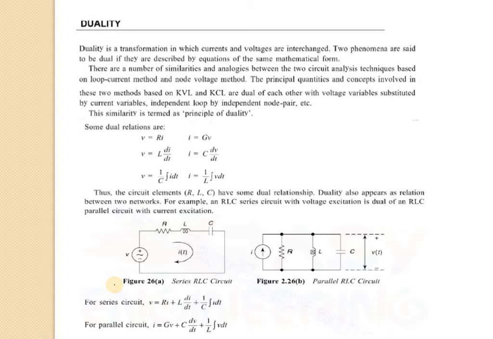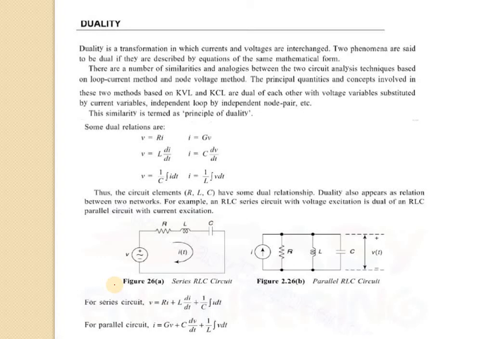Now I will come to the duality concept. Duality is a transformation in which currents and voltages are interchanged. Two phenomena are said to be dual if they are described by equations of the same mathematical form. There are a number of similarities and analogies between the two circuit analysis techniques based on the loop current method or the node voltage method.